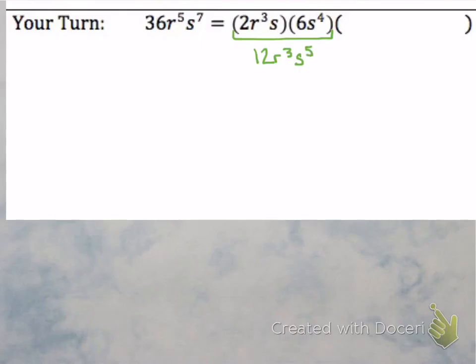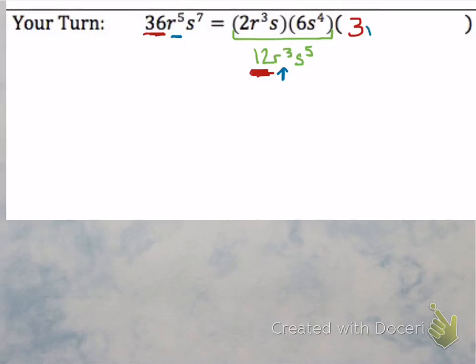And then we need to see what's missing to get to 36 r to the fifth, s to the seventh. So I'll start by looking at the coefficient. What would I have to multiply this 12 by to have gotten that 36? And that would be 3. And then we look, okay, so I've got an r to the fifth. Well, in my product that I already have, I have only r to the third.